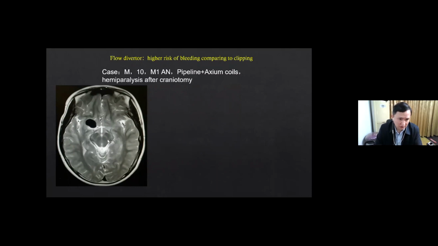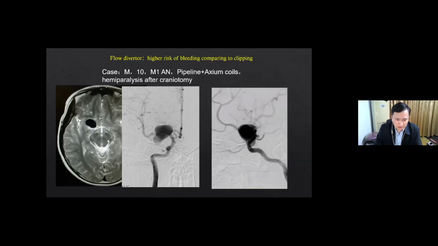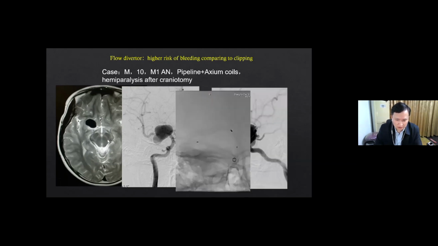This patient is a 10-year-old young boy with a big M1 aneurysm. It was feasible to put a flow diverter in, and they used a pipeline combined with coils. It looks quite good.